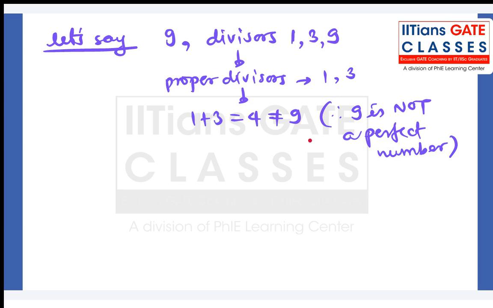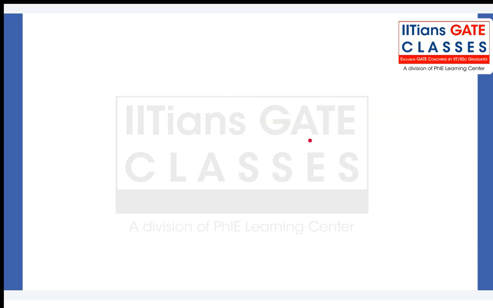But I'll give you one formula. You are not supposed to remember that formula, but it is a general formula used for finding perfect numbers without doing brute force analysis.